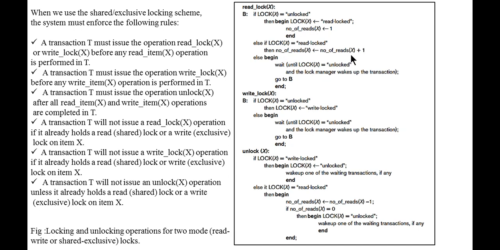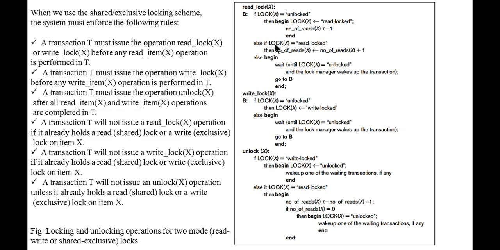So it keeps track of how many transactions are reading the value of X at a particular time. Later, when a transaction issues an unlock operation on item X, automatically the value of number of reads will be decremented.